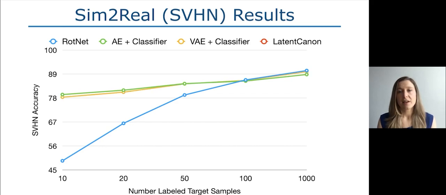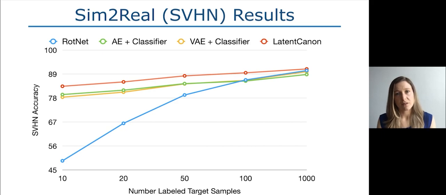Now, VAE in this case didn't help over the autoencoder. But our latent canonicalization model, which is a combination of an autoencoder with a classifier, but importantly, added together with the ability to do latent canonicalization, performs the best consistently.